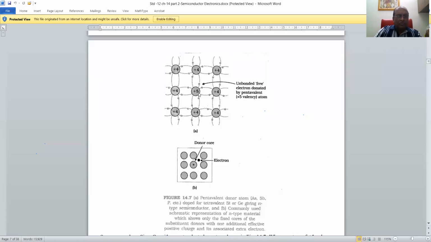Now the number of holes in this particular extrinsic semiconductor, એટલે એમાં impurity add કરી, now it is called extrinsic semiconductor. So in this one, the conduction process mainly takes place due to the flow of free electrons.